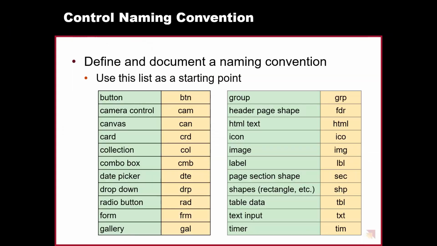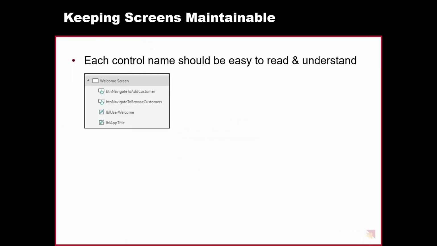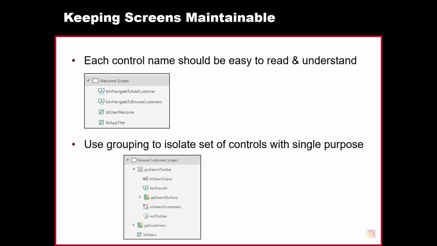First of all, make sure all your control names have a prefix, and also we don't use abbreviations, but we spell things out such that someone can read the control name and figure out what's going on. Also there's this ability to do grouping.